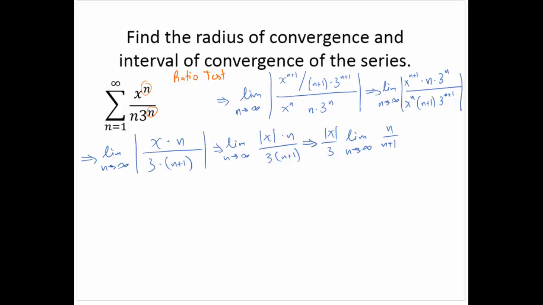Now, the limit of n over n plus 1, you could apply L'Hopital's rule here, or just use some understanding, that will go to 1. So this limit becomes the absolute value of x over 3. Now, remembering the ratio test, I want this expression, the absolute value of x over 3, to be less than 1.